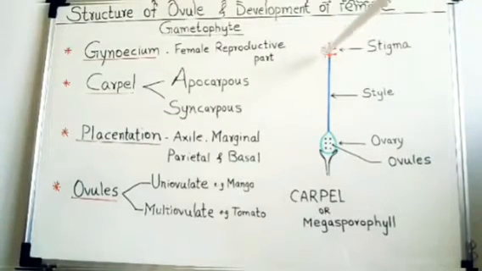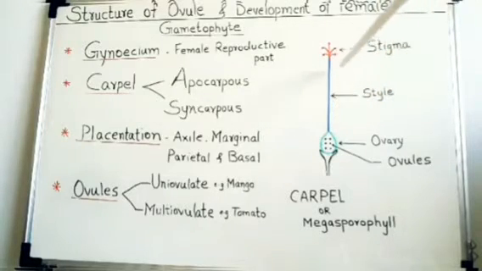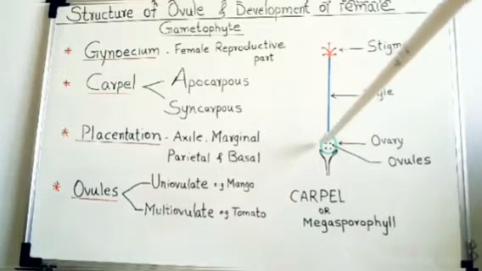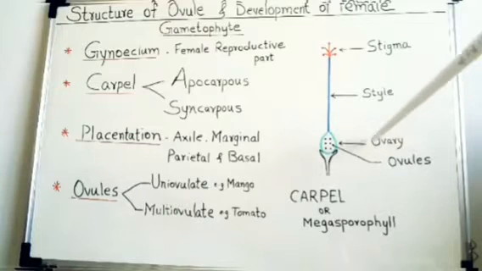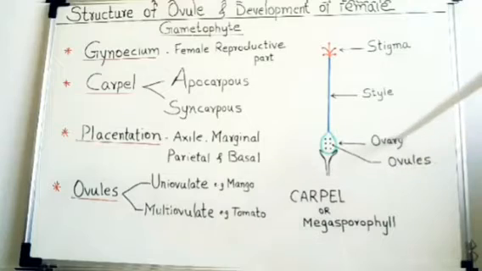The upper red color part is called the stigma and this is the only visible part. Starting from this point up to this point is called the style, and the lower part is called the ovary. Now inside the ovary, these are the ovules. That means ovules are present inside the ovary.